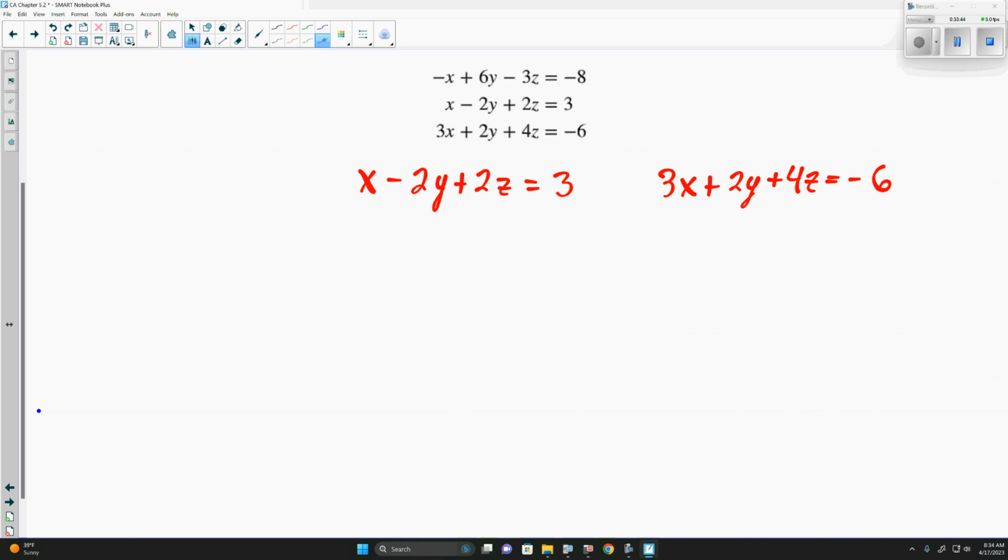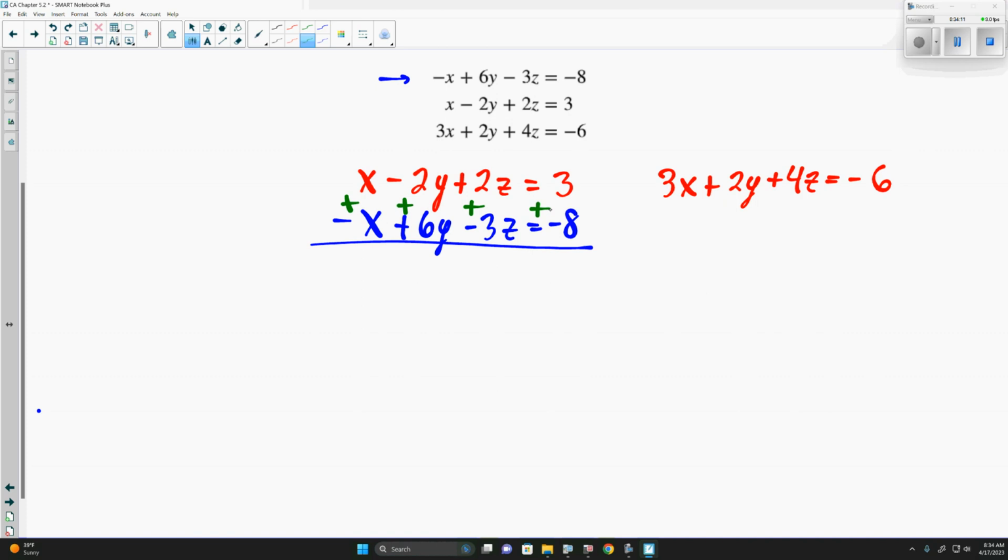Now, what's really nice for us is since the top one and the middle number in front of x are already the same, I don't have to do anything to it for us to be able to eliminate x. Now, since the signs are opposite, we can just add these 2 equations together.